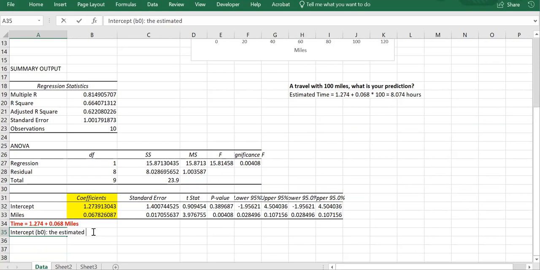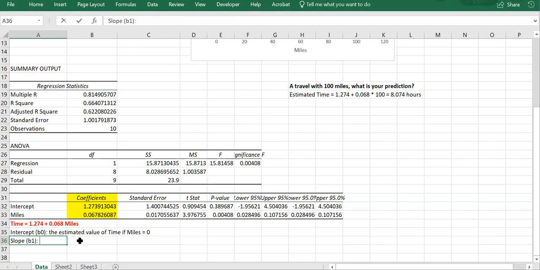That's the estimated value of time, the dependent variable, if miles, the independent variable, is 0. Estimated value of time if miles is 0, and then the slope, B1.